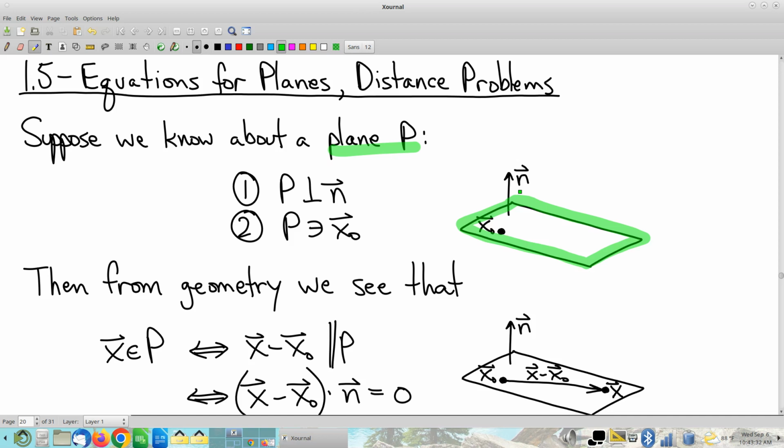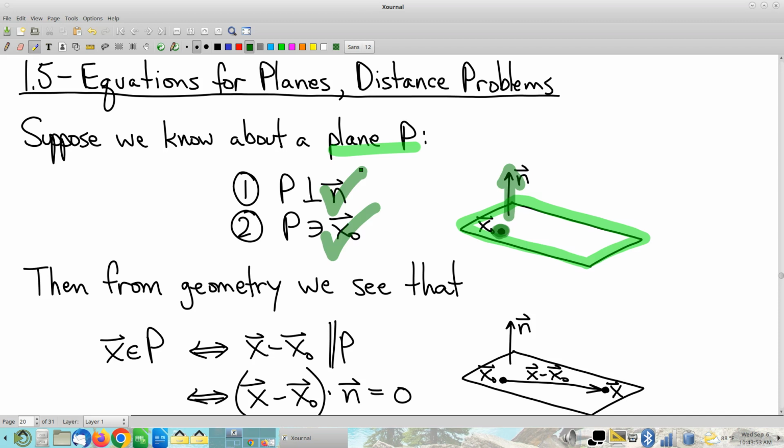I need to know this is the plane that goes through a particular point x naught, and that is perpendicular to what we call a normal vector n. And I appeal to your geometric intuition.